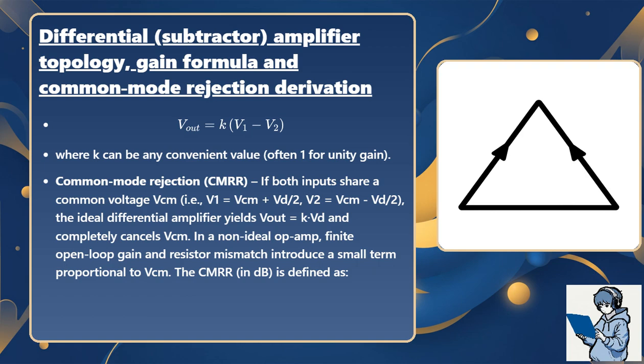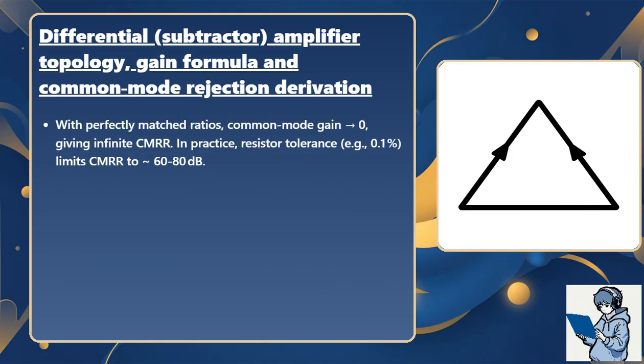The CMRR in decibels is defined as 20 times log base 10 of the differential gain divided by the common mode gain. With perfectly matched ratios, common mode gain goes to 0, giving infinite CMRR. In practice, resistor tolerance of 0.1%, for example, limits CMRR to about 60 to 80 decibels.